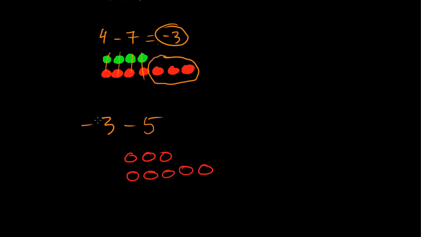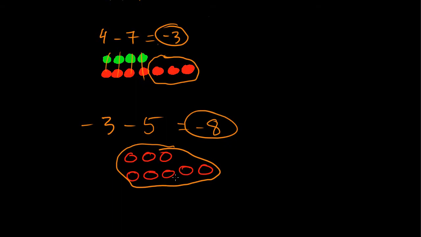Take away 5 is like adding 5 negatives. Then in the end, I just have 3 plus 5 is 8, and they're all negatives. So I have negative 8. This problem looked like I started with negative 3, and then I added to it negative 5. And I got the answer negative 8.